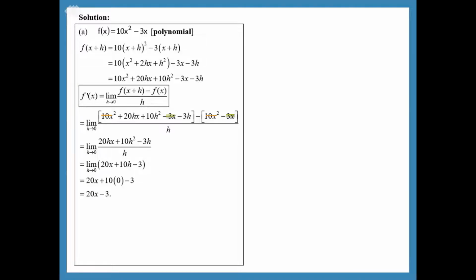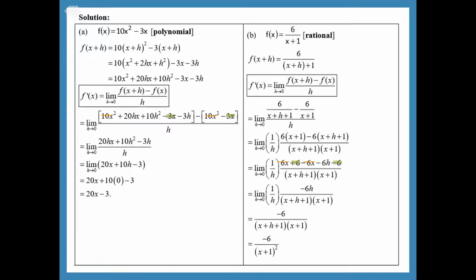You will get the limit of 20x plus 10h minus 3 as h approaches 0, which is equal to 20x minus 3, which is the answer for the derivative. B is a rational function in which f(x plus h) equals 6 over x plus h plus 1. Substitute this into the formula and simplify. Then replace the h with 0. You will get negative 6 over (x plus 1) squared as the answer.